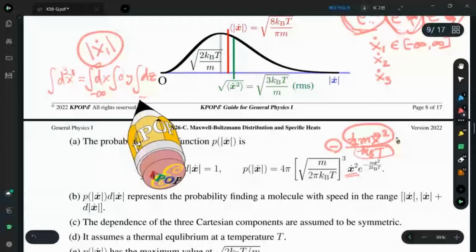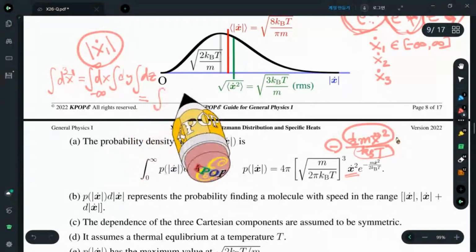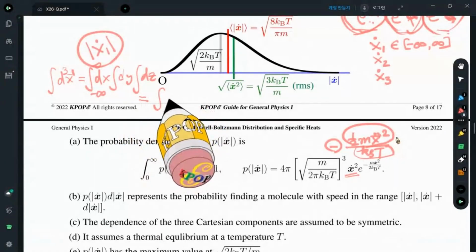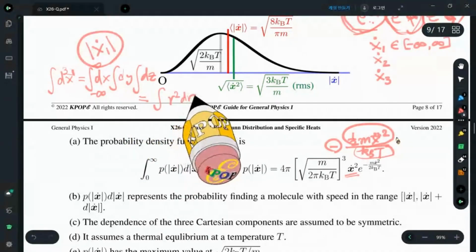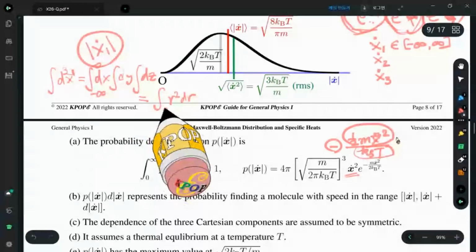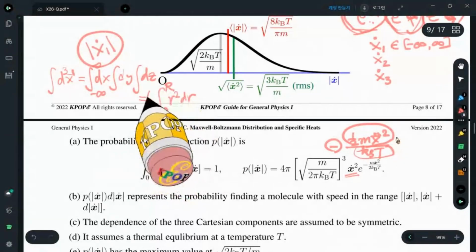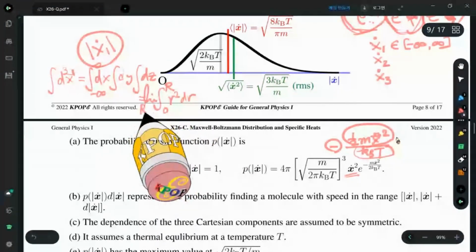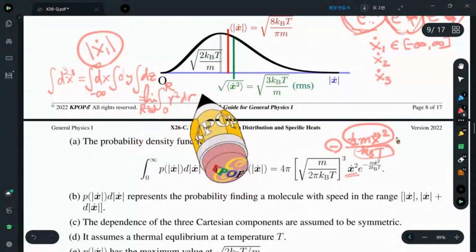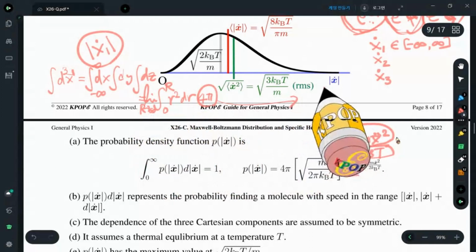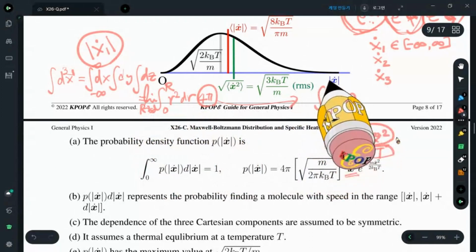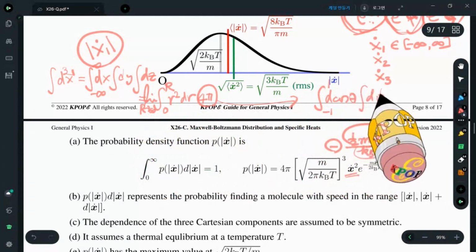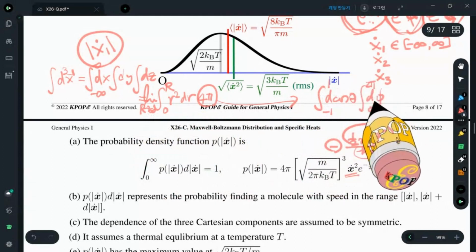This can be reparameterized by using polar coordinates: r squared dr from 0 to capital R, with the limit R going to infinity, and the solid angle, cosine theta from minus 1 to 1, and phi from 0 to 2 pi.